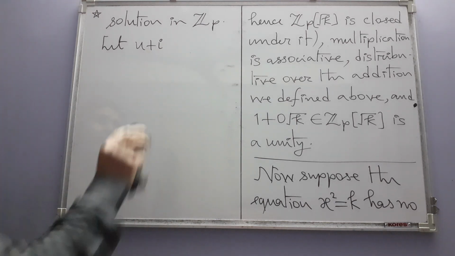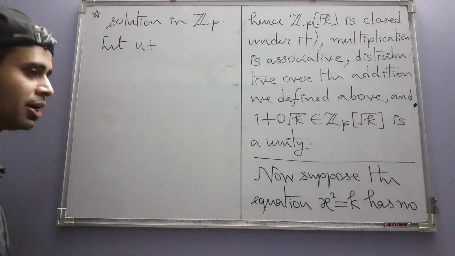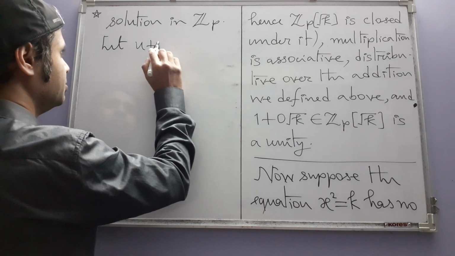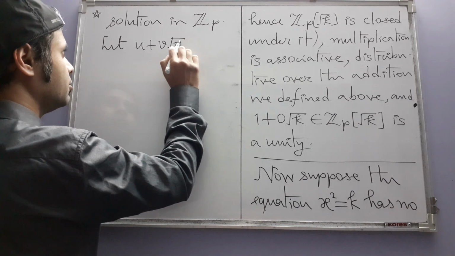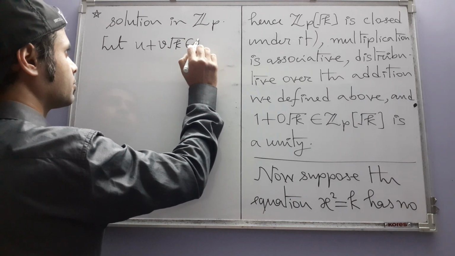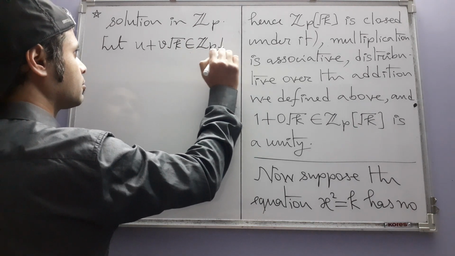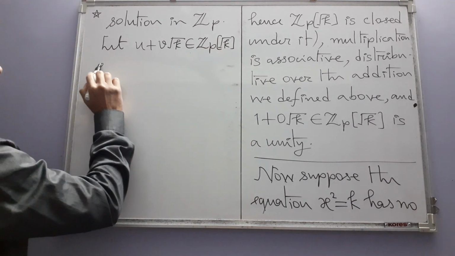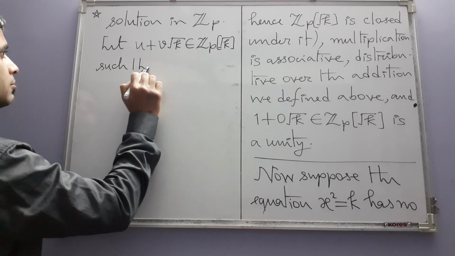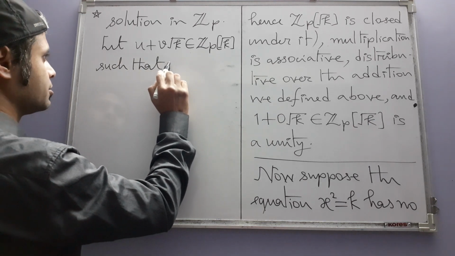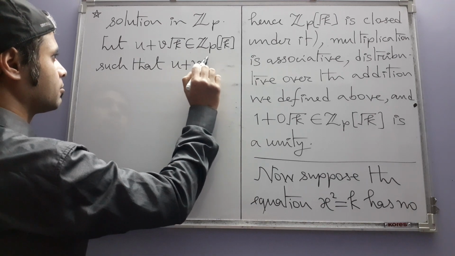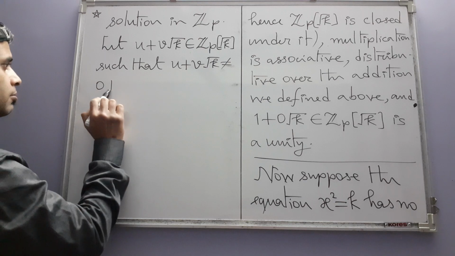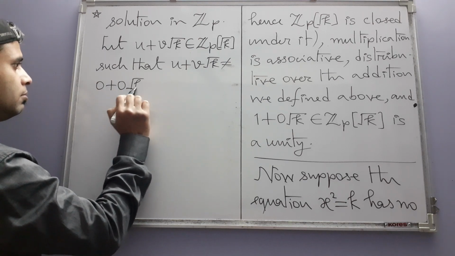See how familiar we get with this kind of things. I was going to write u plus iv, u plus v root k, such that it is non-zero, that is, this is not equal to 0.